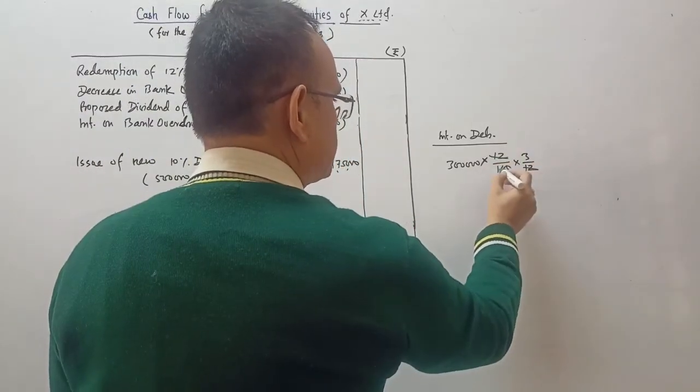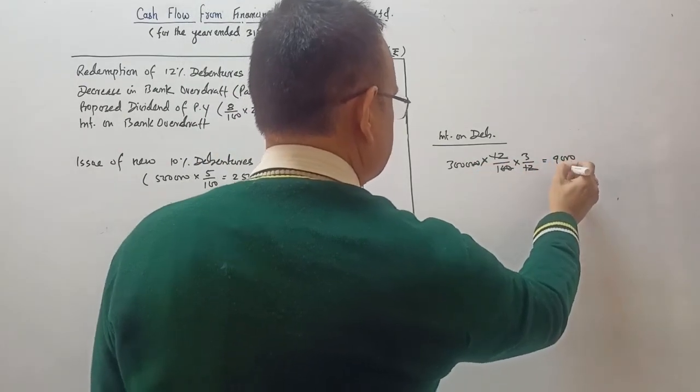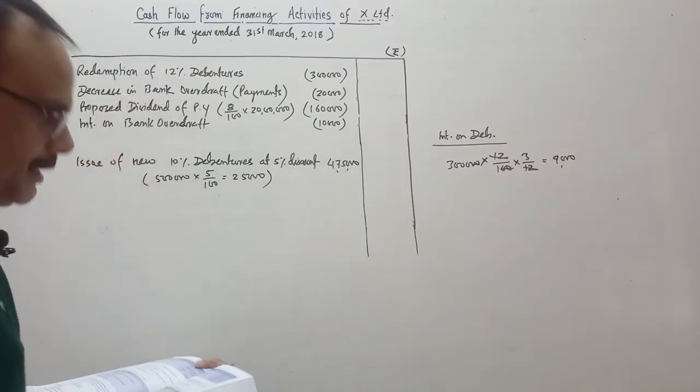So 3 months interest will be paid. So 9,000 is the interest on debenture.